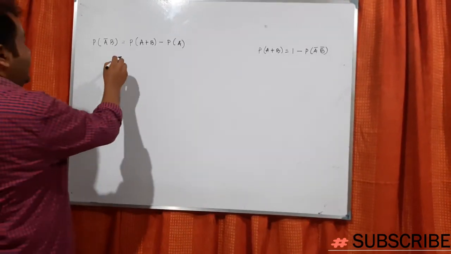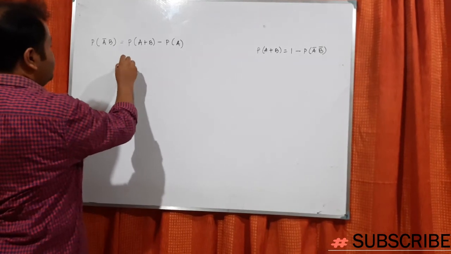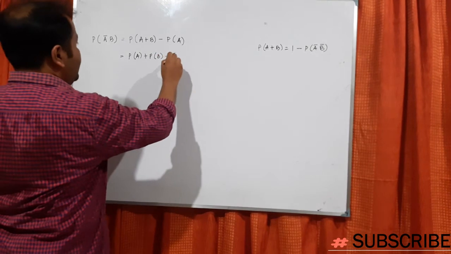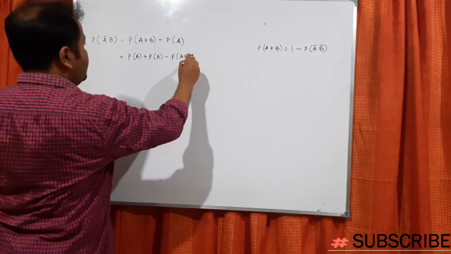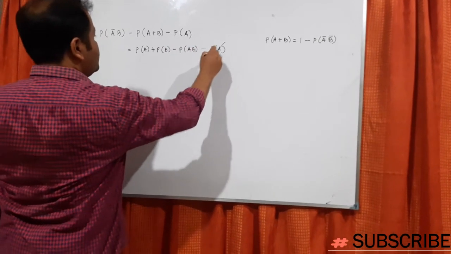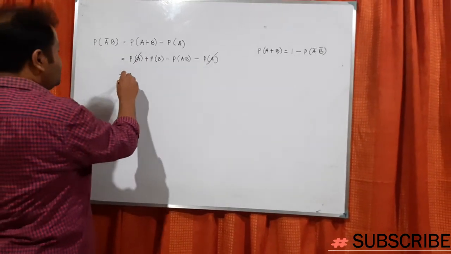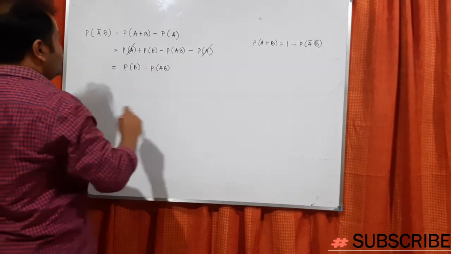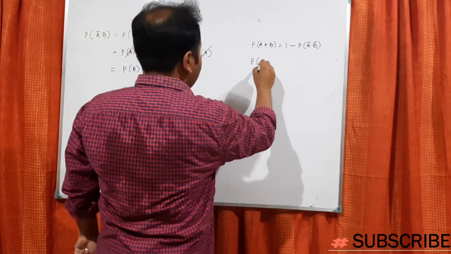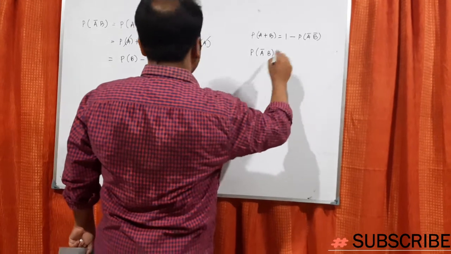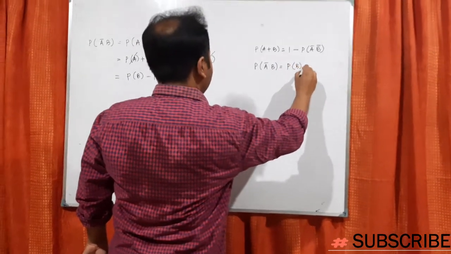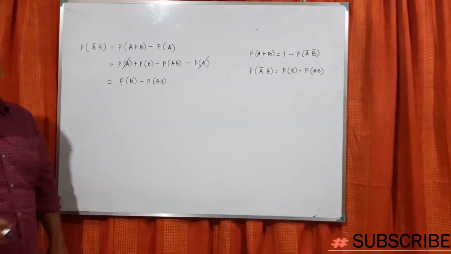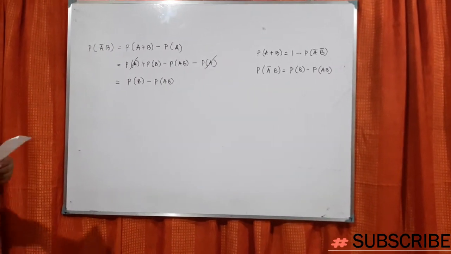And if you simplify, we know P of A plus B means P of A plus P of B minus P of AB, minus P of A is there. So P of A will be getting cancelled. So it is basically P of B minus P of AB. So another formula is P of A bar B equals to P of B minus P of AB. So using set theory or Venn diagram, you can easily show that.